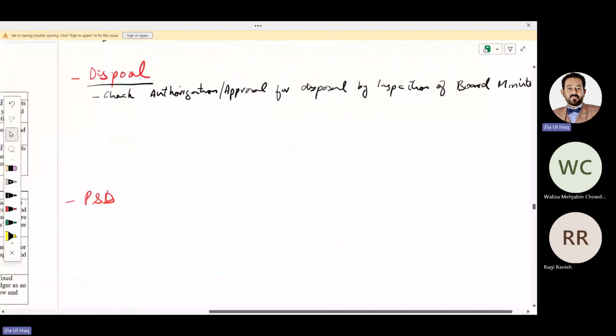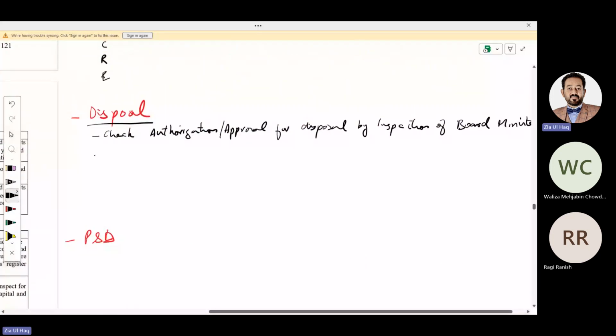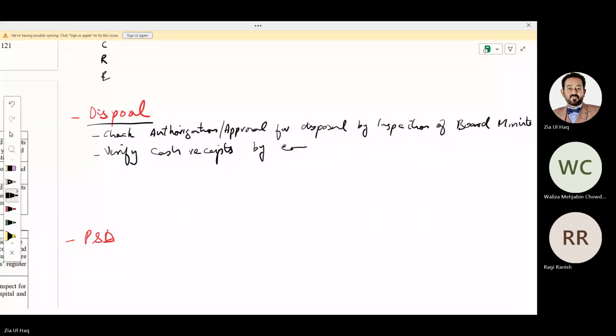So first, verify cash receipts by comparing to the cash book or bank statement if the money is coming directly to the bank.